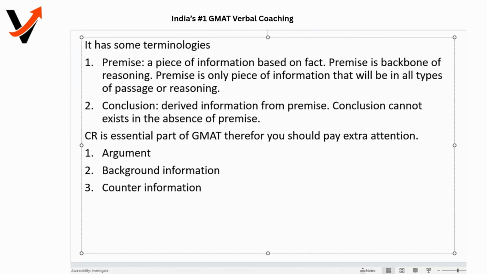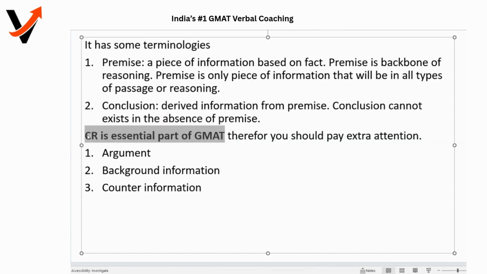Therefore, you should pay extra attention. What does it mean here? The first part is, CR is an essential part of GMAT. So this is a fact. So this is called premise. On the basis of that, this sentence has been taken.